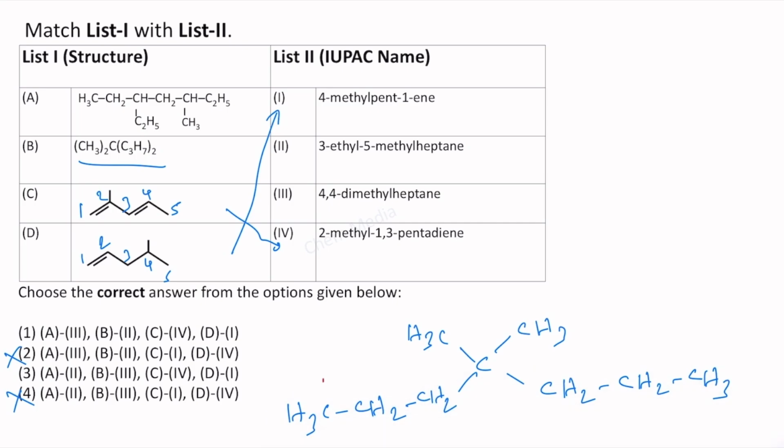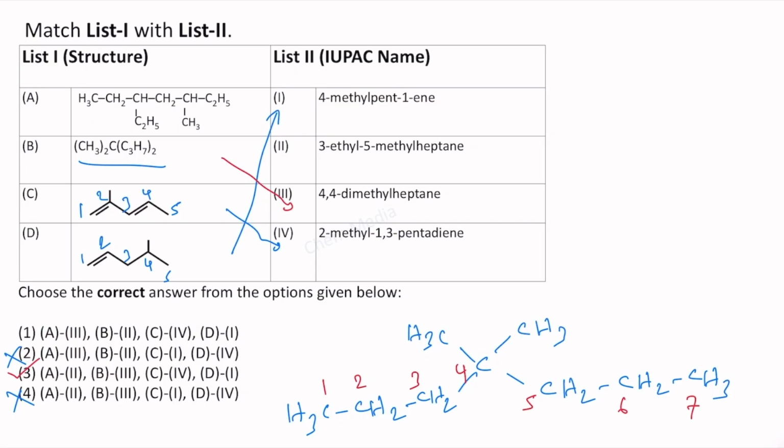Let's number it. 1, 2, 3, 4, 5, 6, 7. At 4 position, we have 2 methyl groups. We have 7 carbon atoms in the parent chain. Therefore, this must be 4,4-dimethylheptane. This means B must match with 3. This means option 3 is the correct choice.